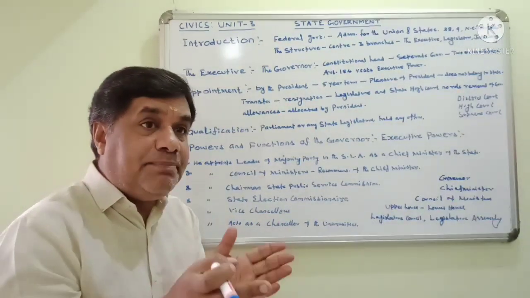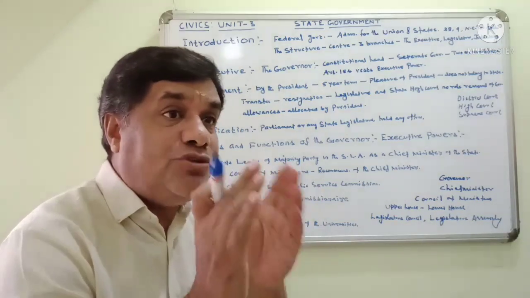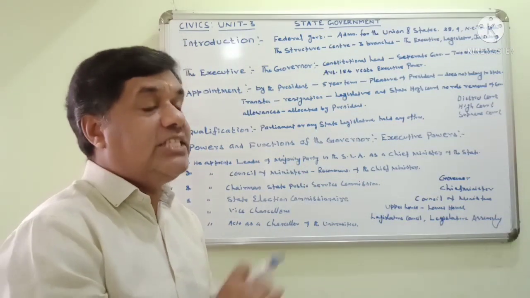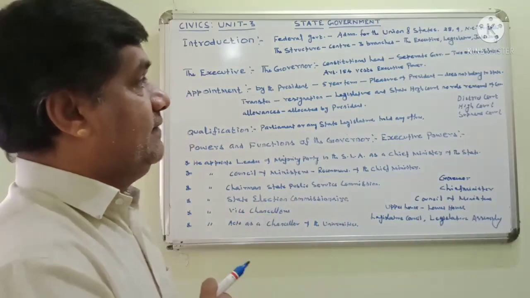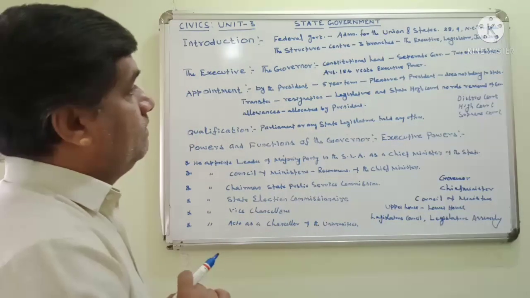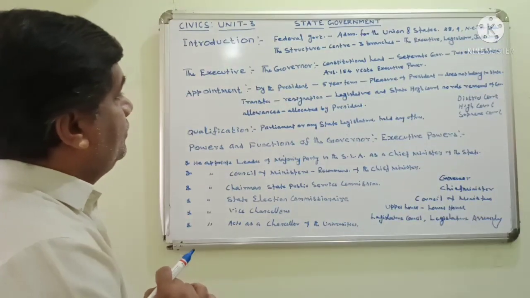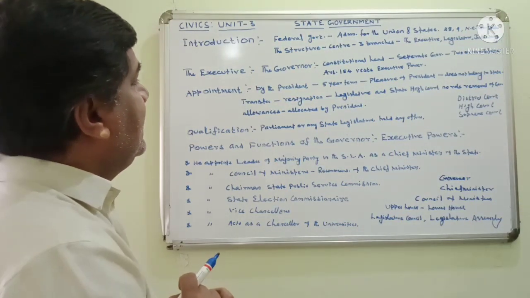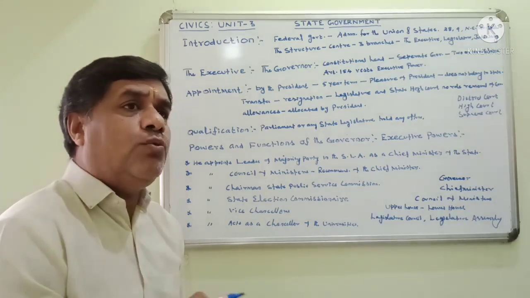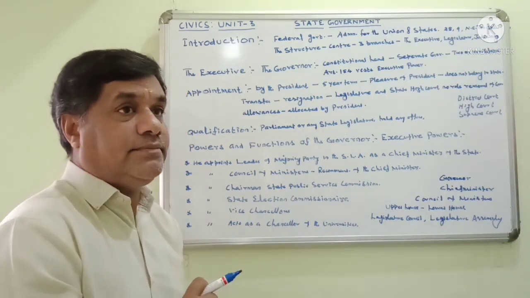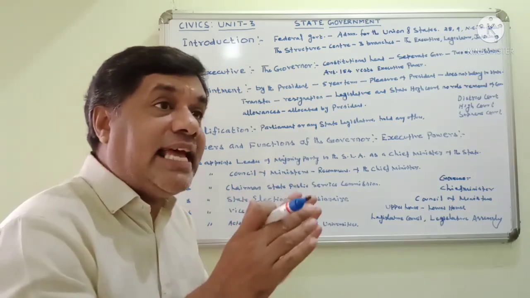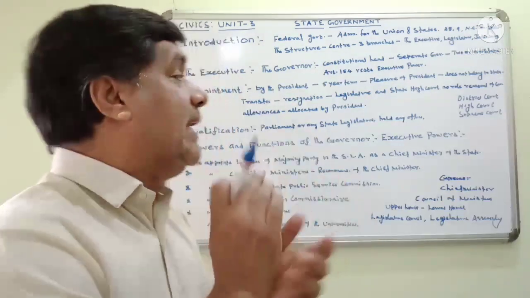If appointed to one state, the governor does not belong to that particular state. He is appointed to another state only, not his own state. The governor can be transferred from one state to another by the president.